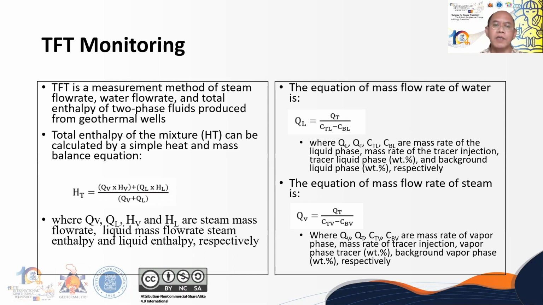The totality of the mixture can be calculated using a simple heat and mass balance equation. This is the equation. And the simple formula can also be applied to calculate the mass flow rate of water, and likewise the steam mass flow rate.